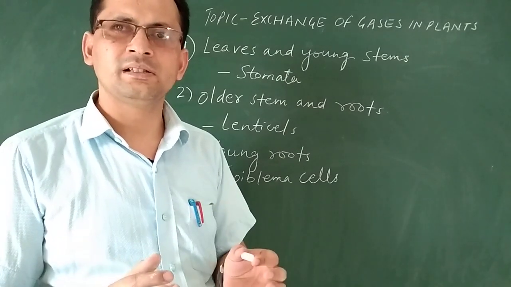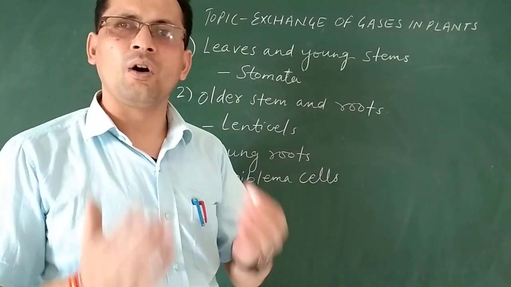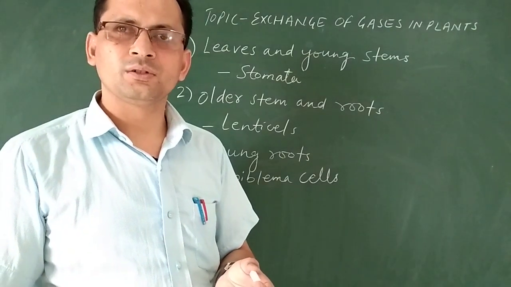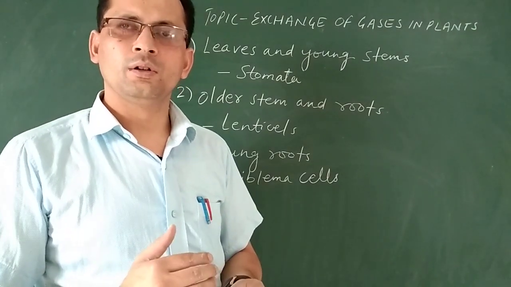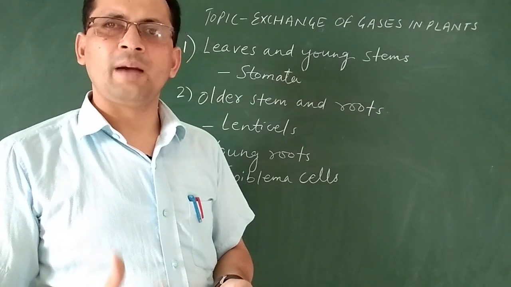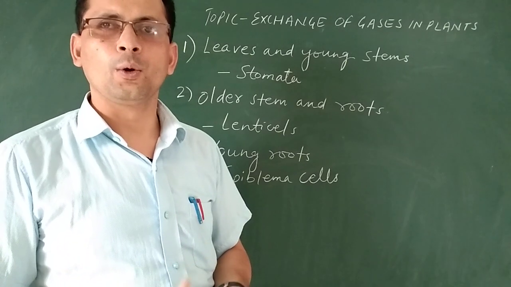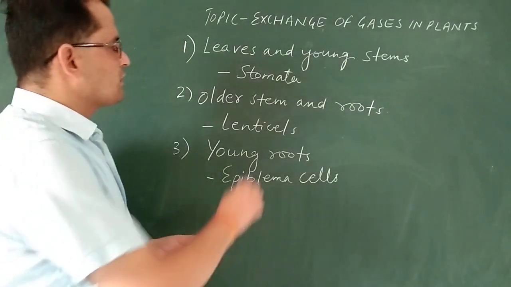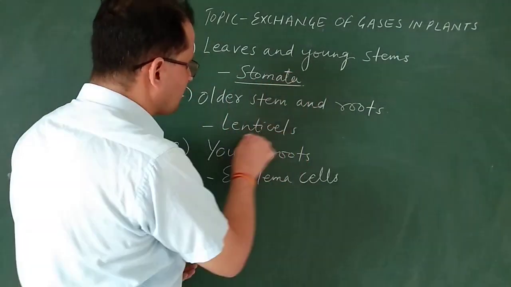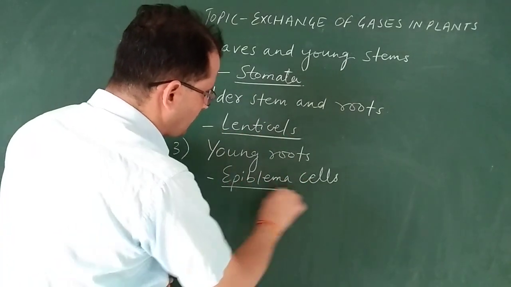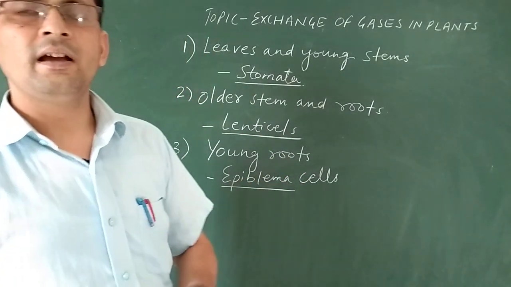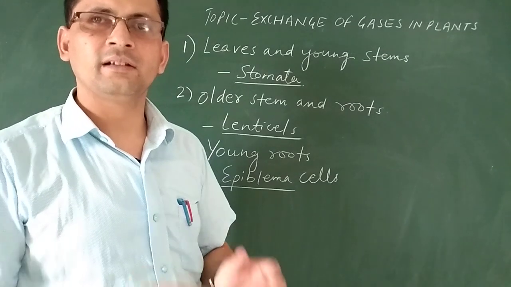Epiblema cells help in the diffusion of gases from the soil into the root. So these structures, that is stomata, lenticels and epiblema, help in exchange of gases in plants.